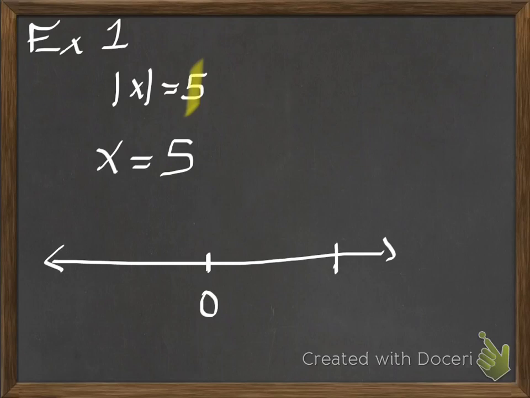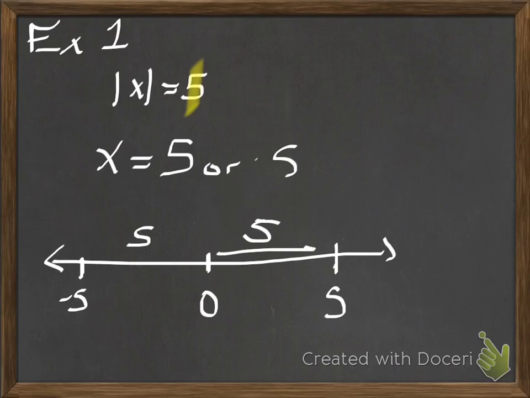So we could be over here at positive 5 on the number line, or we could be 5 units the other direction and be at negative 5. So positive 5 or negative 5. And we'll separate our solutions with commas when we actually write it in the computer system.